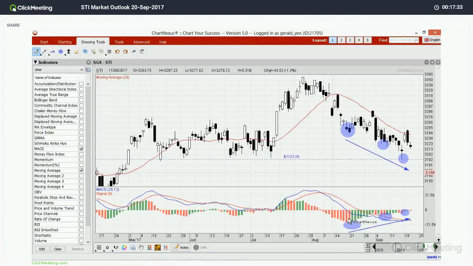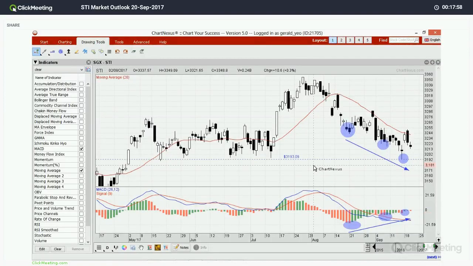So it is clear that the momentum of the decline of the STI is getting weaker and weaker, which will suggest two things. One, this downtrend more likely is going to take a breather. Or two, the downtrend could be over and the STI could rebound strongly from here.